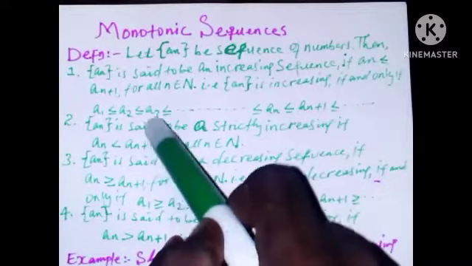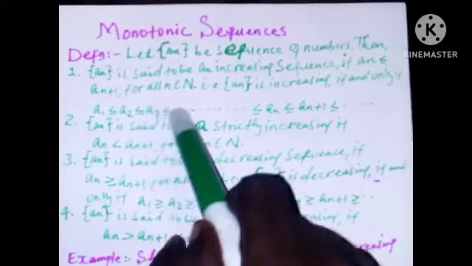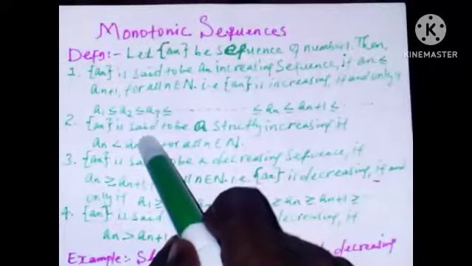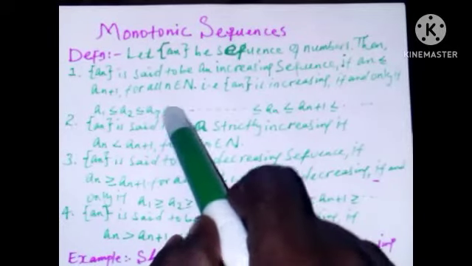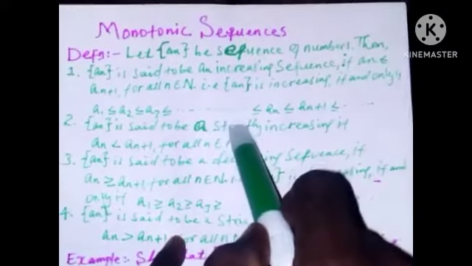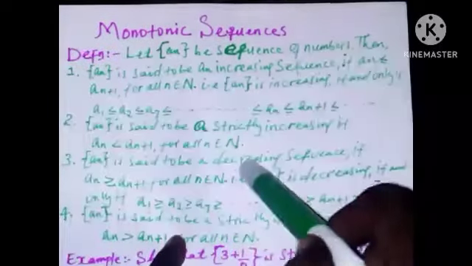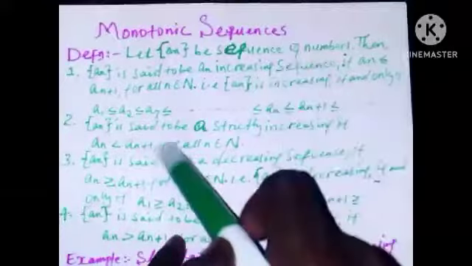This means that if you have terms 1, 2, 3, 4, etc., the first term must be less than the second term, the second term must be less than the third term, the third term must be less than the next one, up to infinity. This sequence is an increasing sequence.